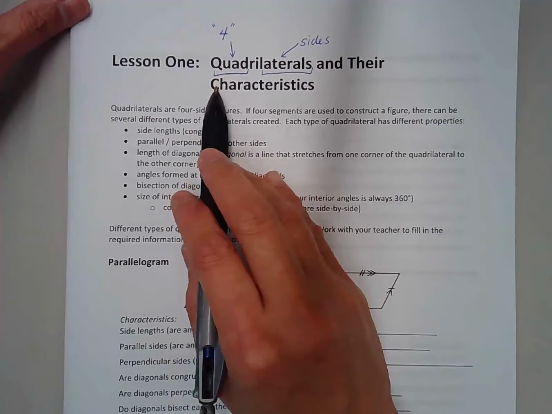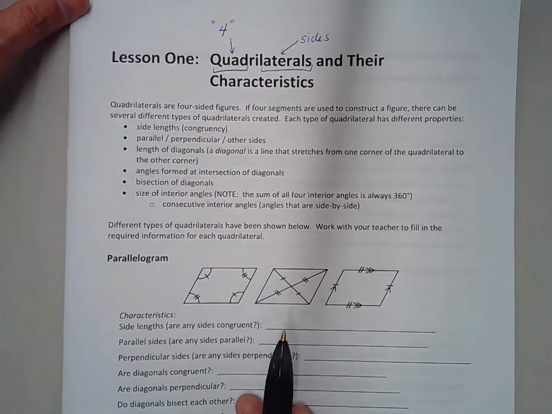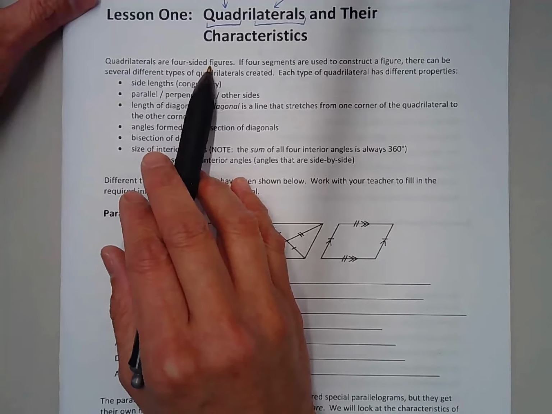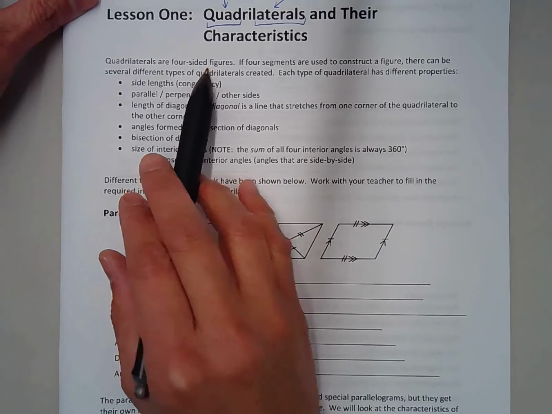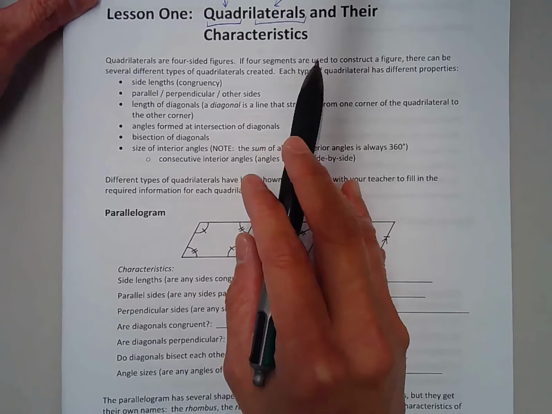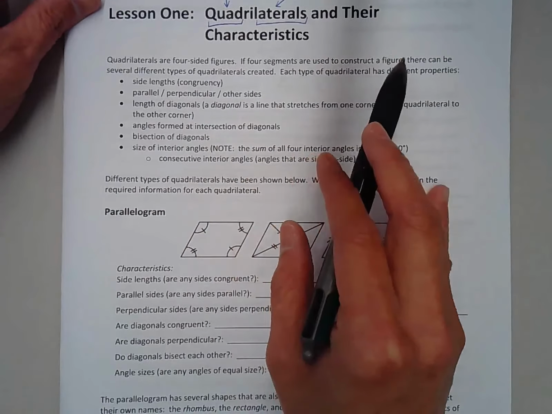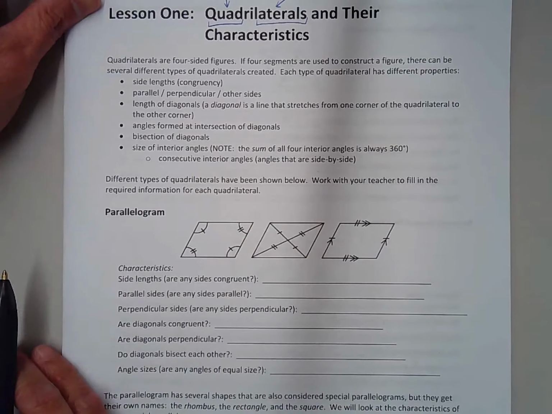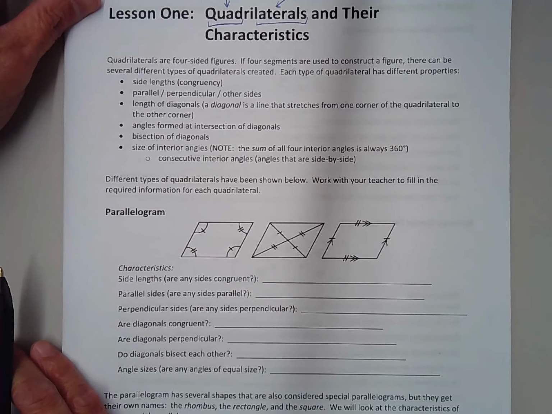Now, what are the characteristics of a quadrilateral? Quadrilaterals are 4-sided figures. If 4 segments are used to construct a figure, there could be several types of quadrilateral that we can create. Each type of quadrilateral has different properties.